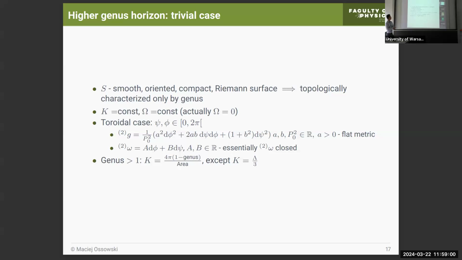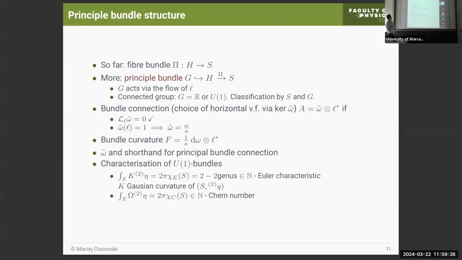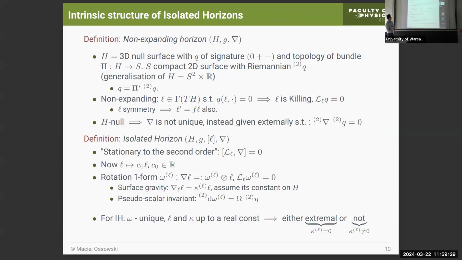In the torus case, this is also 0. So this is just a flat torus metric given in coordinates psi and phi, which span two circles from which you can construct the torus, and the omega is essentially a closed form on a torus because it has to satisfy this equation with capital omega equal to 0.